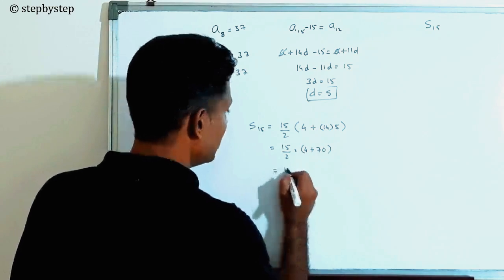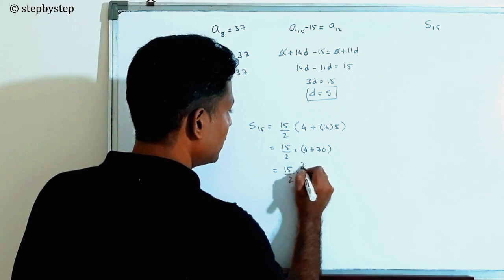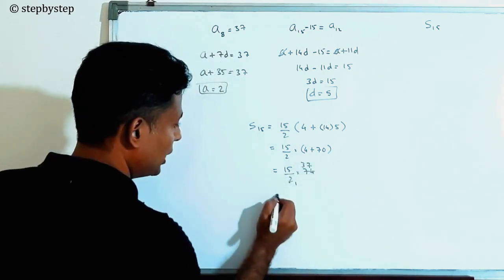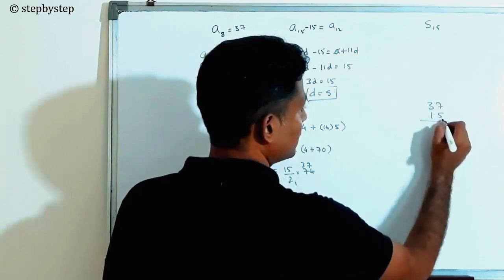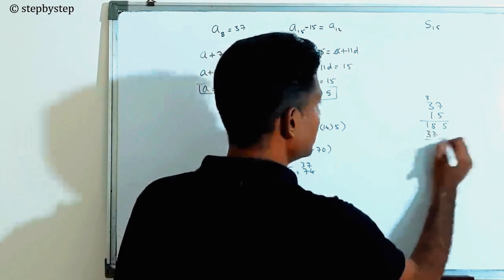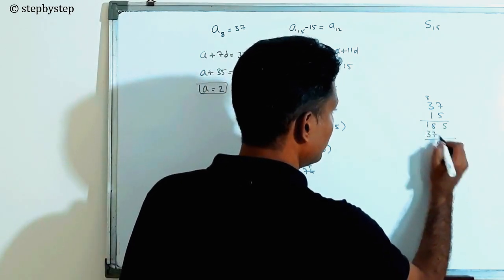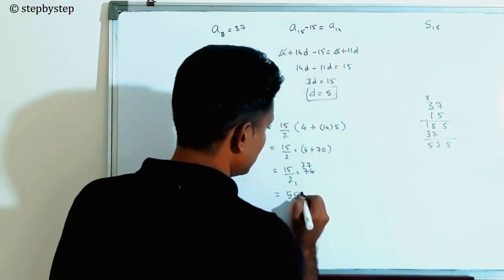Alright, so I have 15 by 2 into 74. 2 times 37 is 74. So 15 into 37. So I'll just do it here. 7 fives are 35, 15, 18, 37, 5, 15, 555.